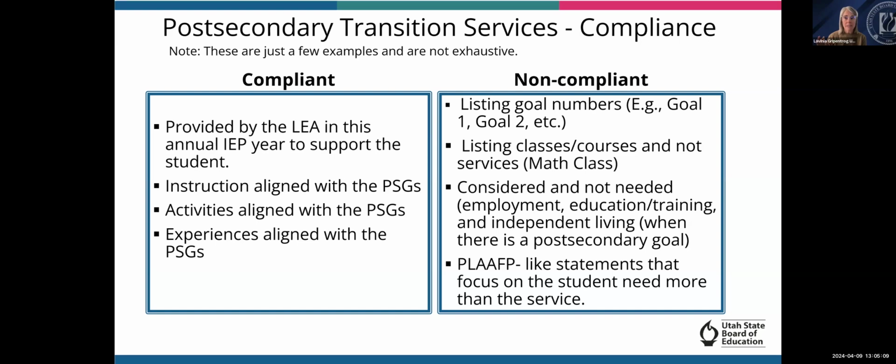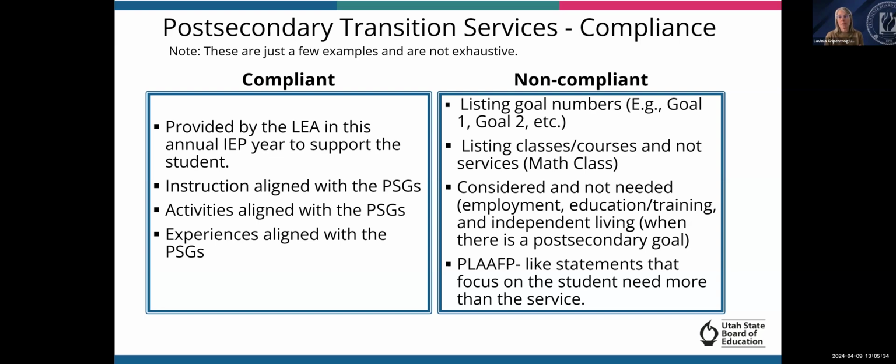And then again, that "considered not needed" box, we have to be really careful that we don't just click that box without really making sure that we have determined that the student doesn't need a service in an area based on assessment data. And then sometimes we see PLAAFP-like statements, like I showed you before, like the student should do this, or they need support, right?